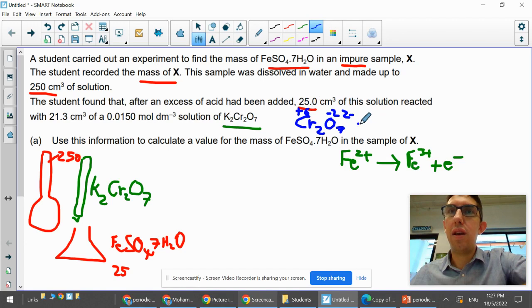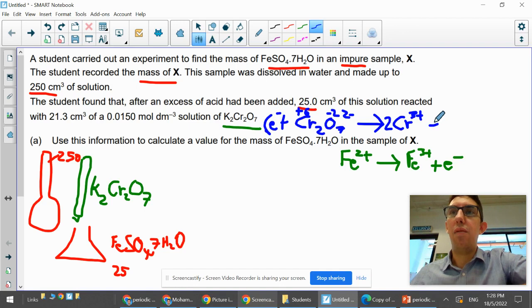And that's going to turn into chromium 3+. Each chromium is gaining 3 electrons, so a total of 6 electrons.